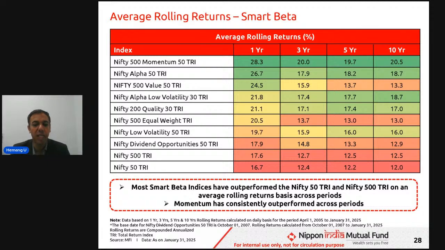Just to briefly explain what a rolling return is: let's say I am taking historical data of the last 20 years, approximately April 2005 till Jan 2025, and comparing these indices. A 1 year rolling period means the first data point will be from 1st April 2005 till 31st March 2006. The second data point would be 2nd April 2005 till 1st April 2006, and so on.